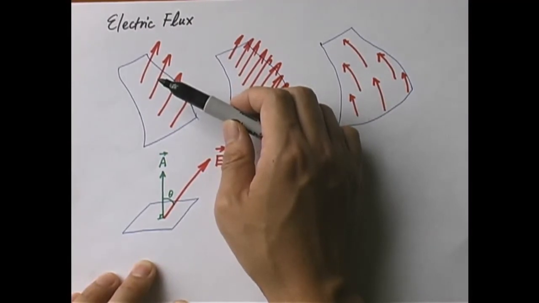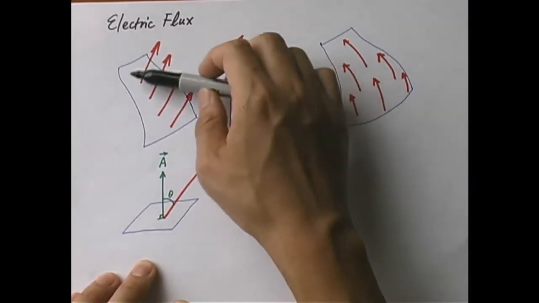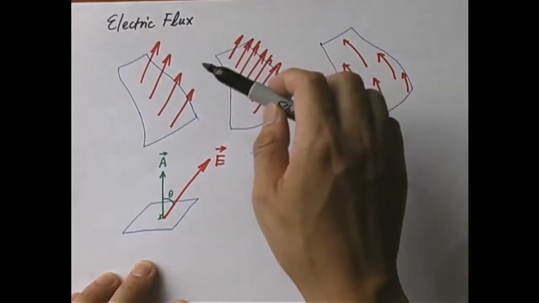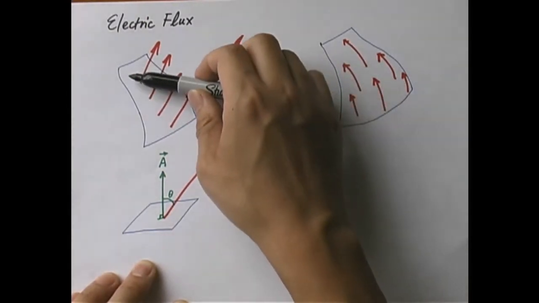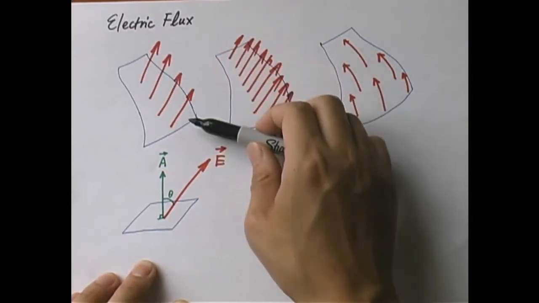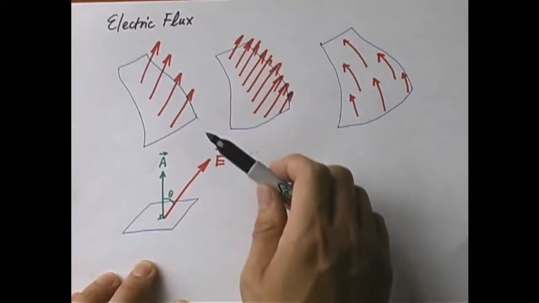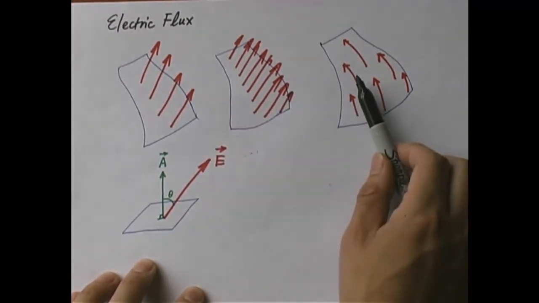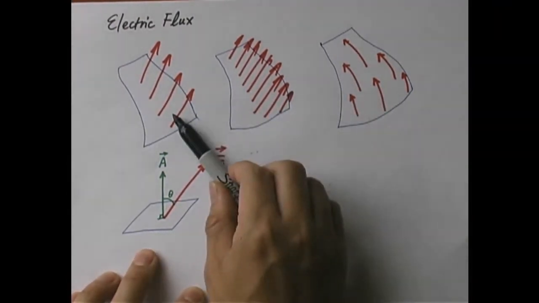Okay, so basically this is telling you how many field lines you can count. Basically, it really is telling you how strong the electric field is in this region and how they penetrate through the region. If you compare these examples, you take a look at these two.